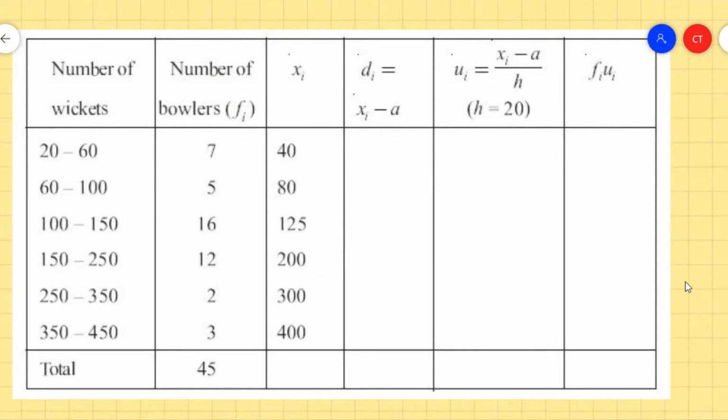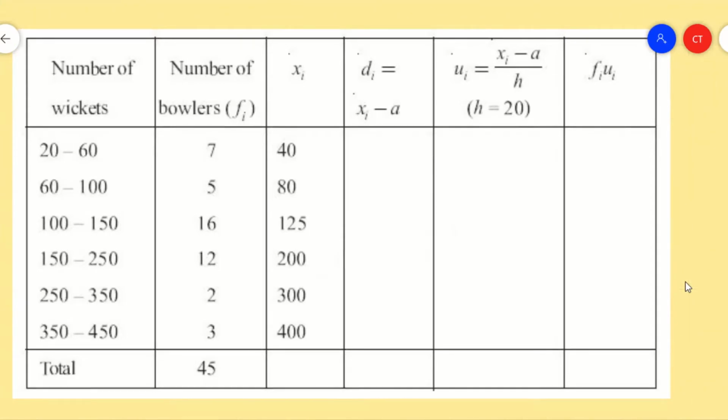So this is the tabular form of the data given in the question, and why I said this question is typical: see here the class intervals. The first class is 20 to 60, the second is 60 to 100, the third is 100 to 150. So in these classes we can find a difference in class sizes.